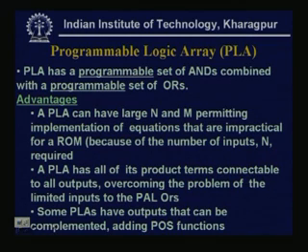So if I have n variables, then 2n signals for the n variables and their complements, that many lines are needed. But it can realize very efficiently if the min terms are very few. So if n is large but the min terms are very few, then the PLA is a very efficient structure rather than PROM.